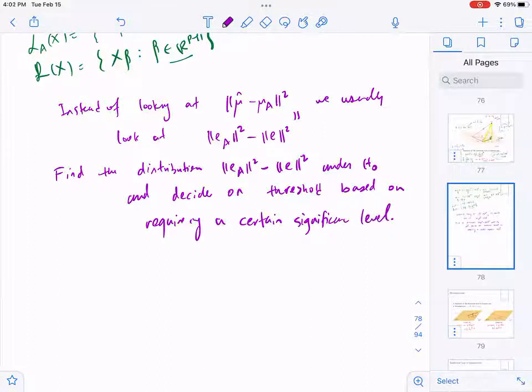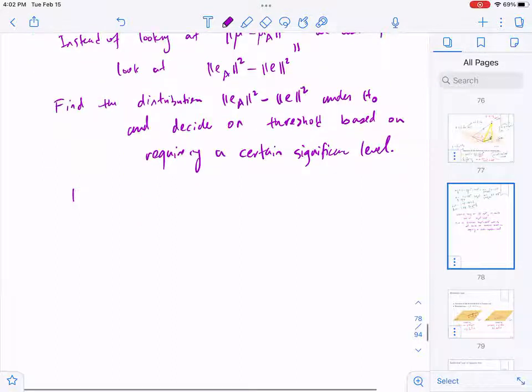So how do we determine the distribution of this? Anyone has any idea? Norm of E squared divided by, let's say, sigma squared.